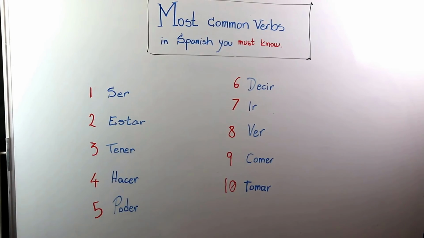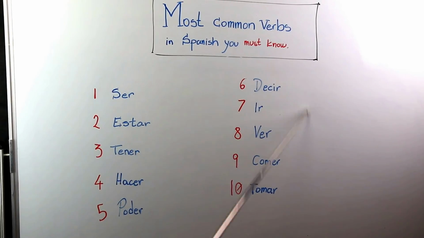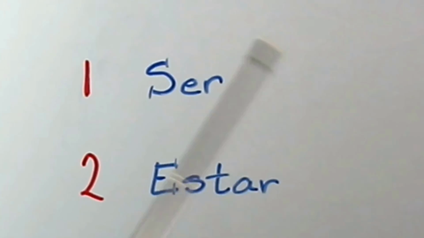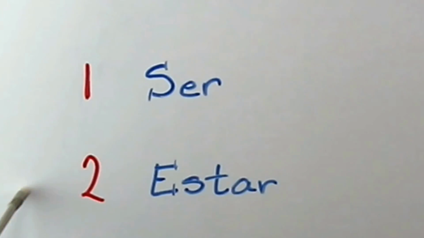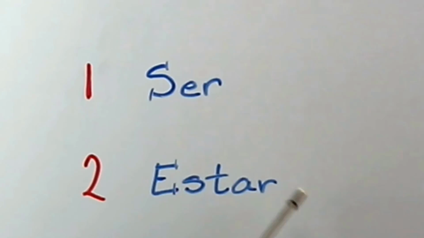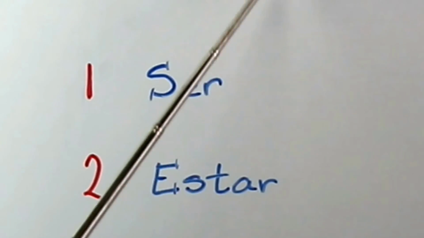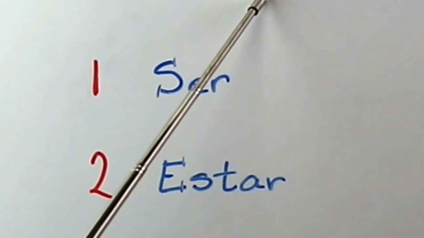Okay, so the infinitive form, as we said before, is the raw form, the unaltered form of the verb before being conjugated. Okay, so to be in Spanish would be número 1 and número 2, ser and estar. Ser is used for permanent things like your name, your nationality.